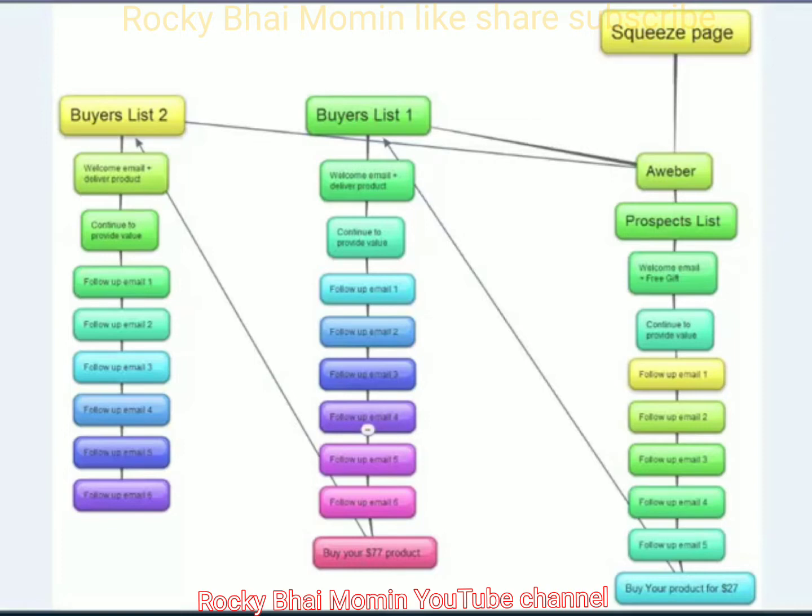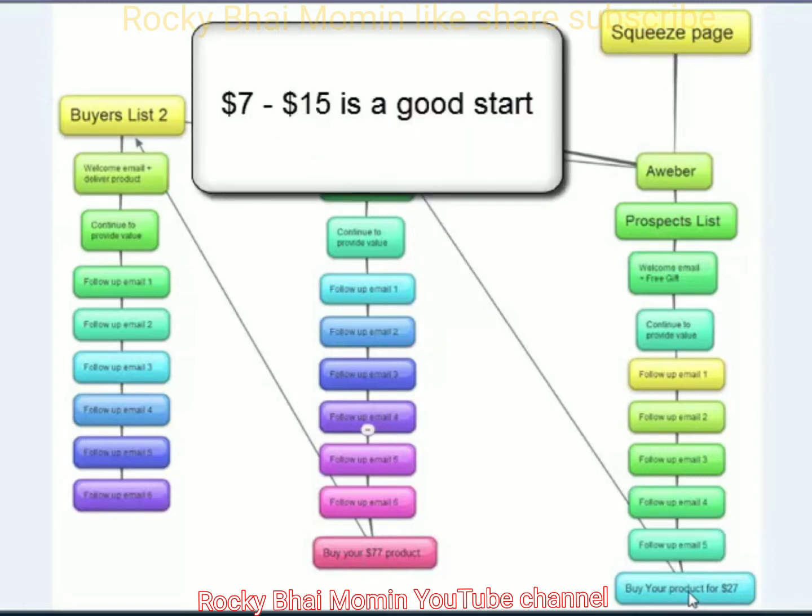Now, the first tip is, when you sell your first product, the price point should be between $7 and $15. Now this is very important.